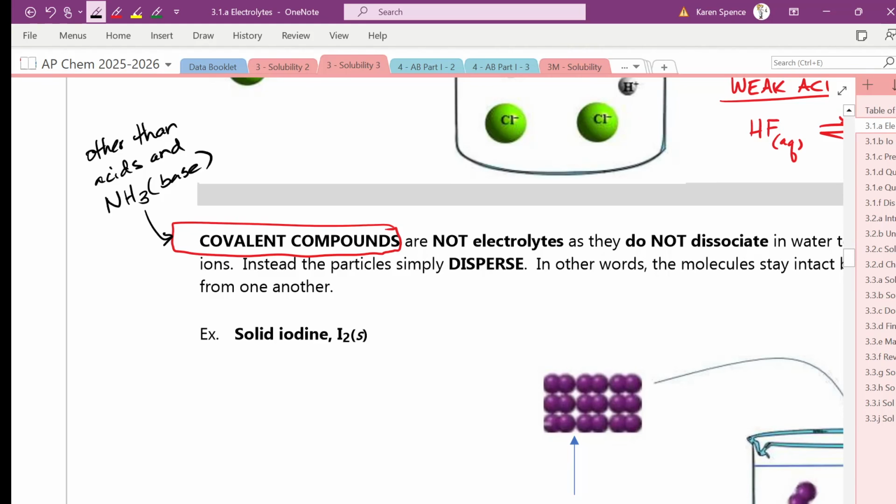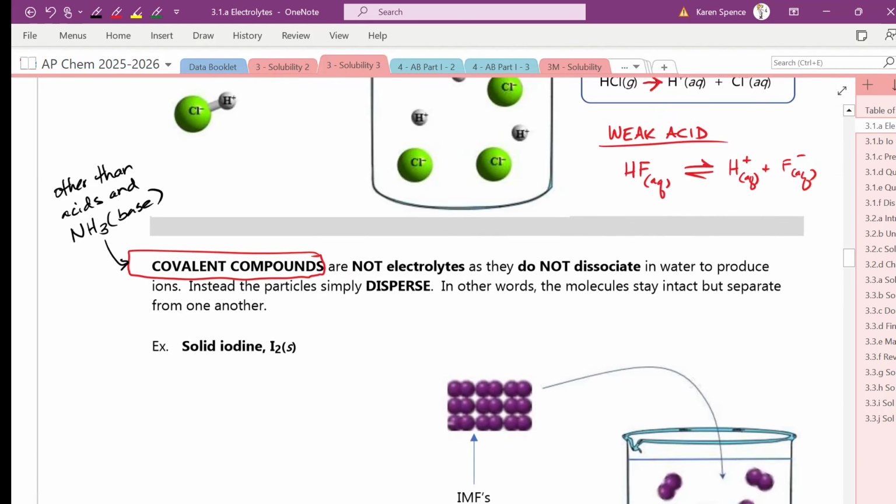There's like N2H4, which is a neutral compound and is a base, but you are not really responsible for knowing that. If you are given that in a question, you'll be told the base, hydrazine, with no charge on it, you'll be like, oh, it's a base. Therefore, it must be an electrolyte and it must accept a proton, and then it will leave behind the hydroxide ion and whatever it becomes. Okay.